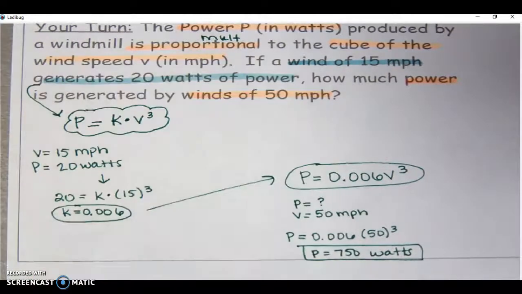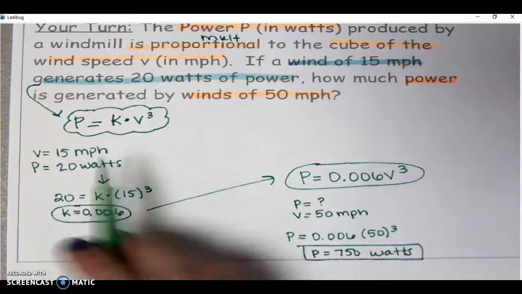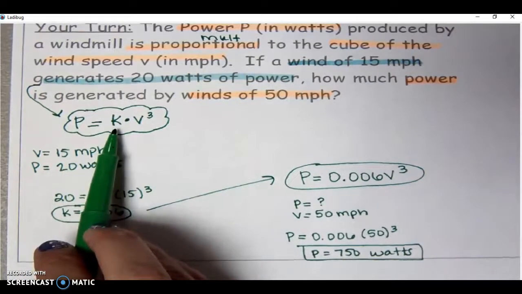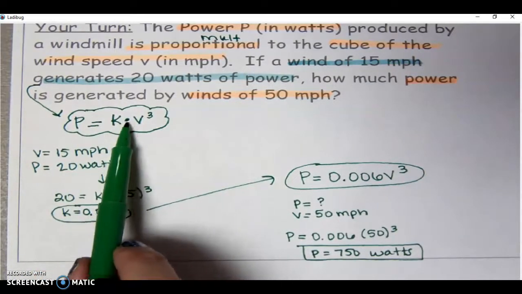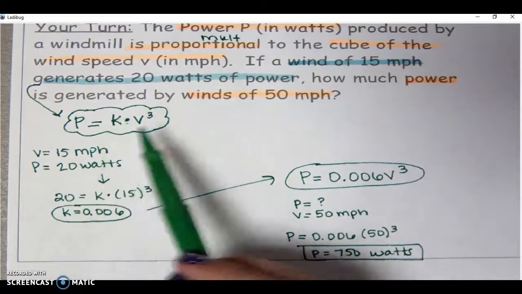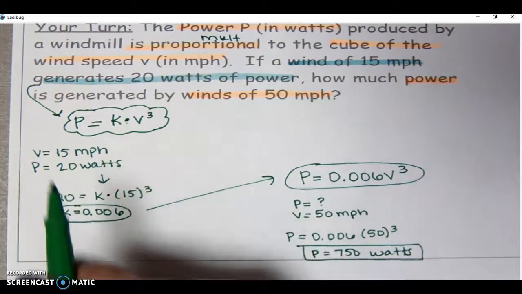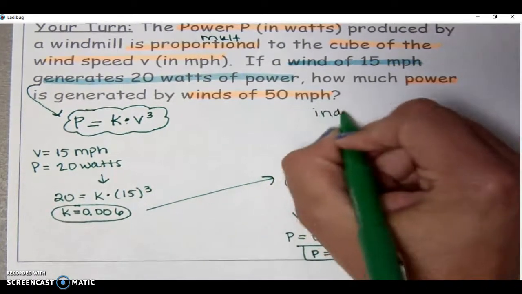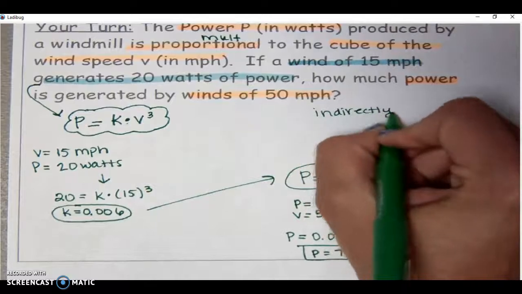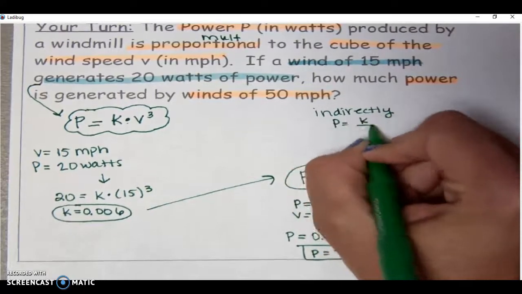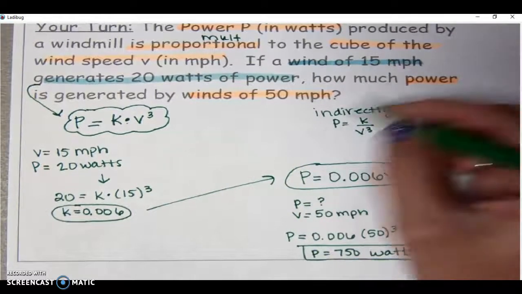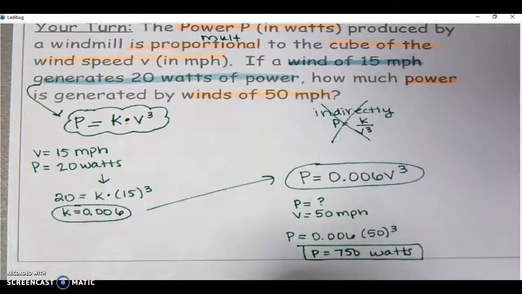Once again, word problems. You're going to set up an equation with k. If it's proportional or says directly, you do multiplication. If it says inversely or indirectly, you use division. Like if this had said indirectly or inversely, this would have said P equals k divided by V to the third. Just pay attention to that. I'll mark it out, it's not what we have.